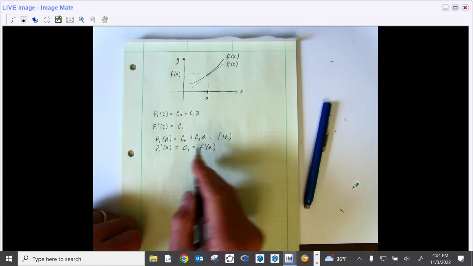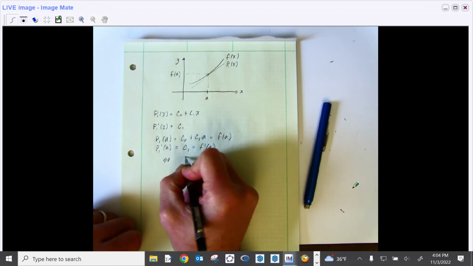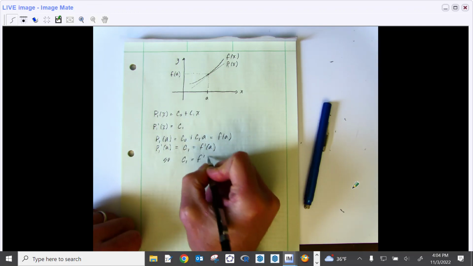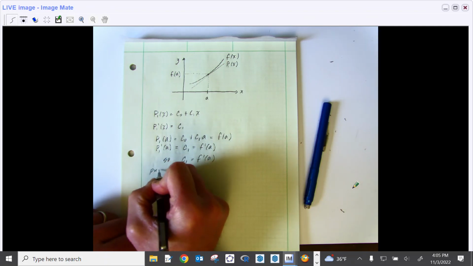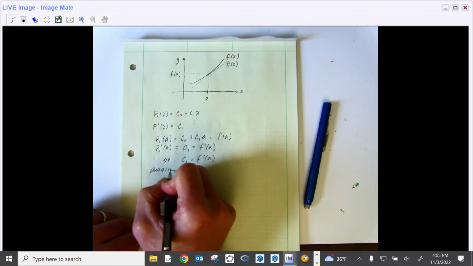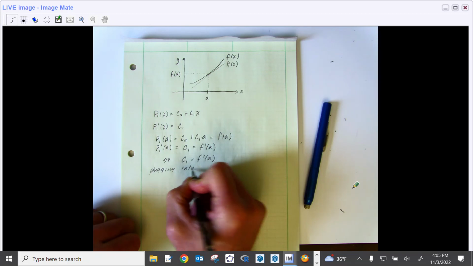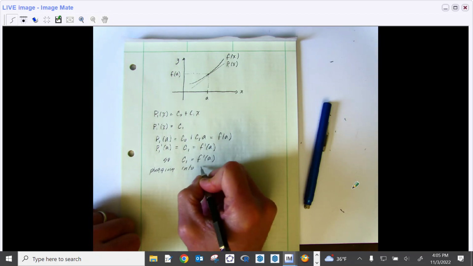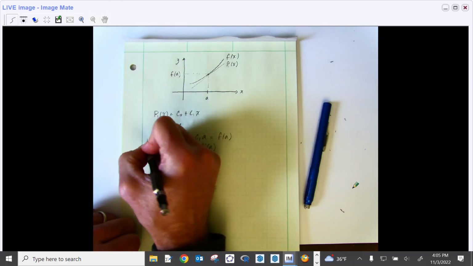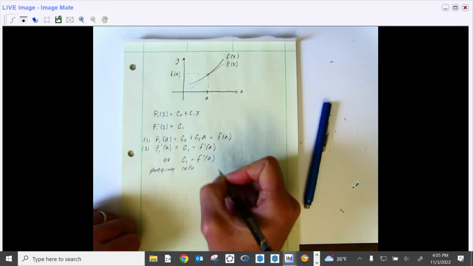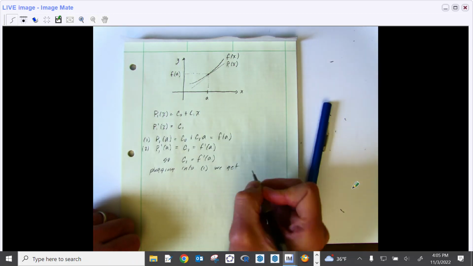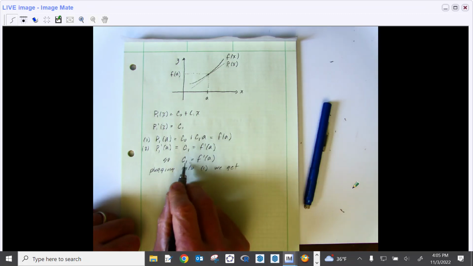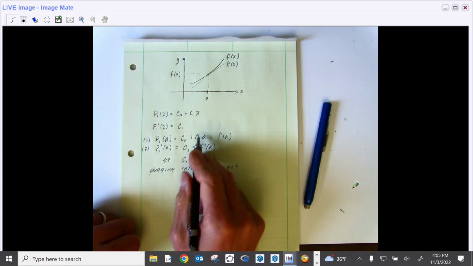So C1 is f prime of a. If we plug that in, let's call this our first equation and this our second equation. Plugging into 1, we get what? We're going to plug C1 is f prime of a right into here.